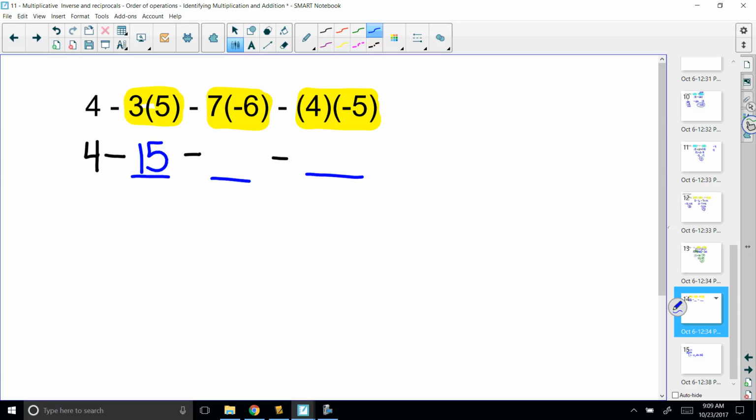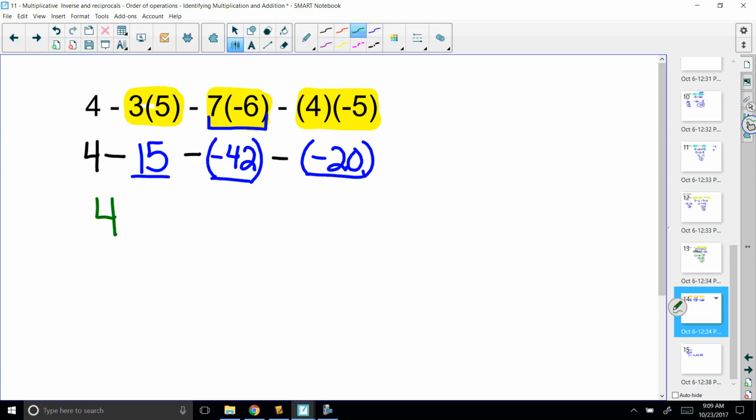The minus came from the original problem that's in black. We look at the next one, and I have 7 times negative 6, negative 42. So I have minus negative 42. The last one, I have 4 times negative 5, which is negative 20.